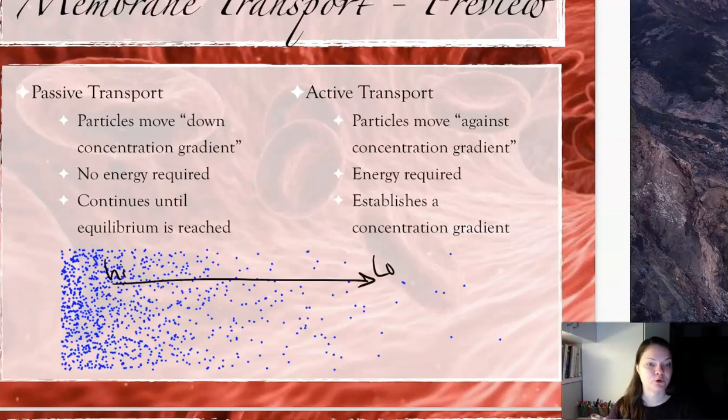So passive transport means we're moving material across the membrane from an area of high to low concentration. So if we could picture that there's this barrier here, the cell membrane, if they're going from the side where there's more to the side where there's less, that's passive. It doesn't matter in or out. It just means high to low, okay?